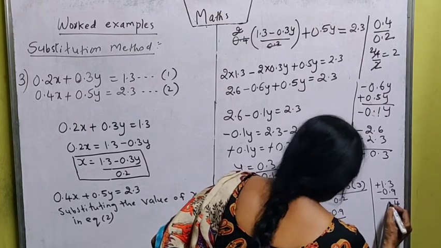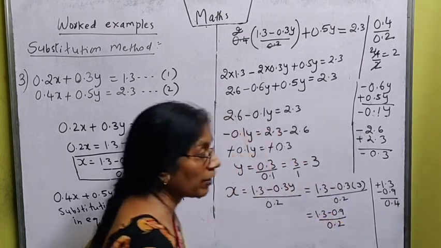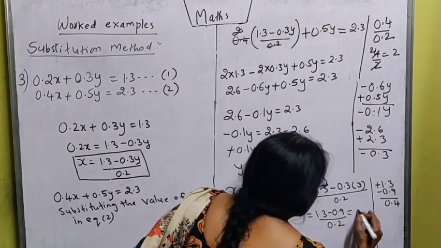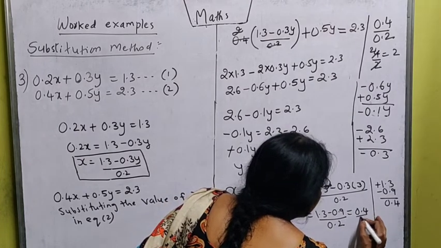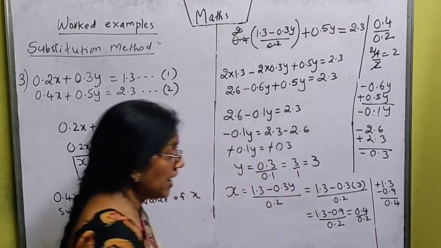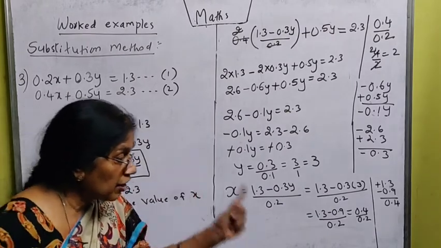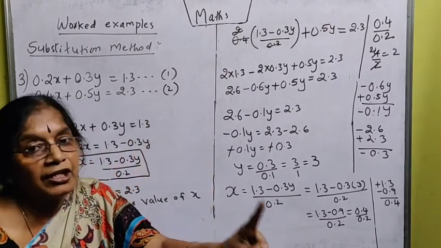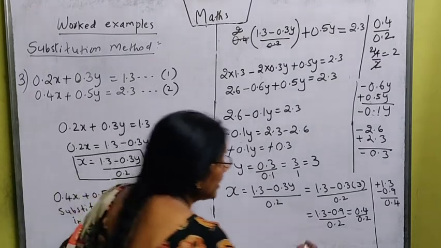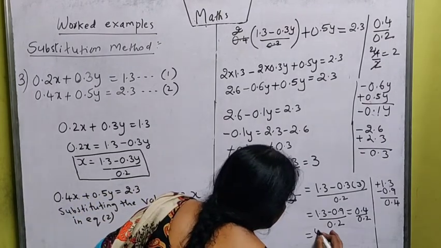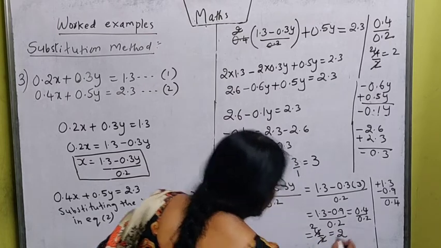So we will get 0.4. So 0.4 divided by 0.2. As I told you, numerator also one place of decimal, denominator also one place of decimal. So the decimal points cancel. So you will get 4 by 2. 2 ones are, 2 2s are. So you got 2.